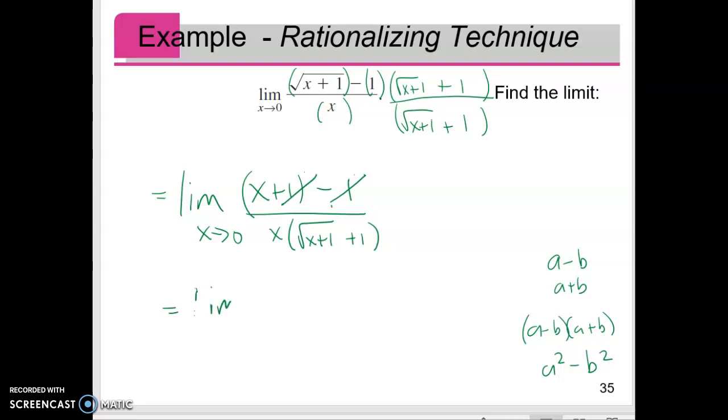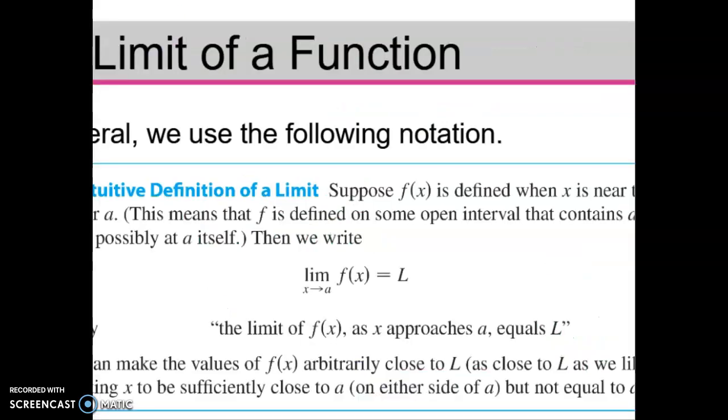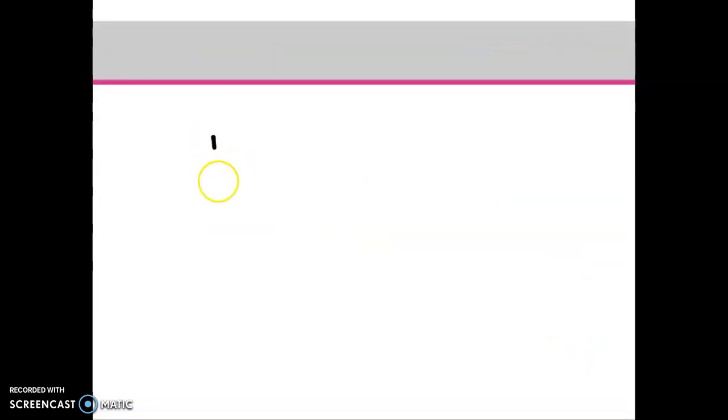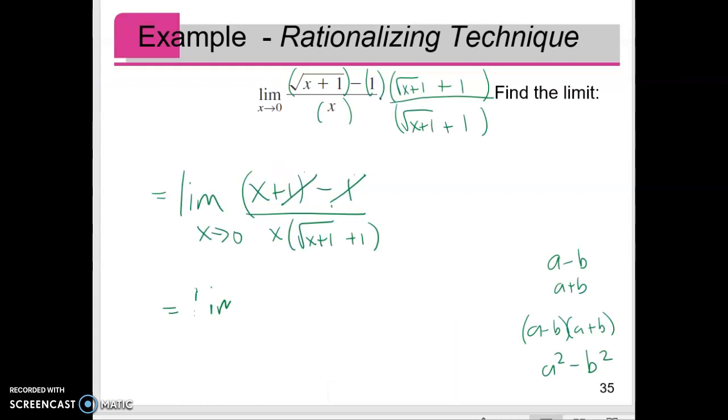as x approaches 0 of x, right? These went away. x over x times square root of x plus 1 plus 1.